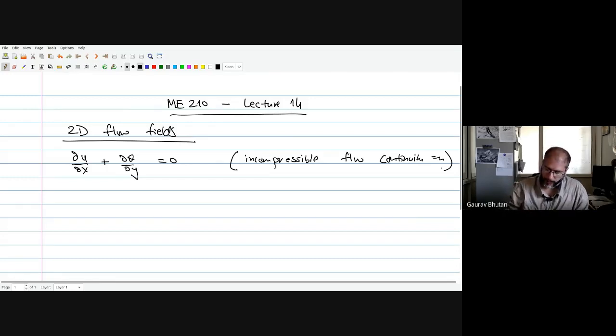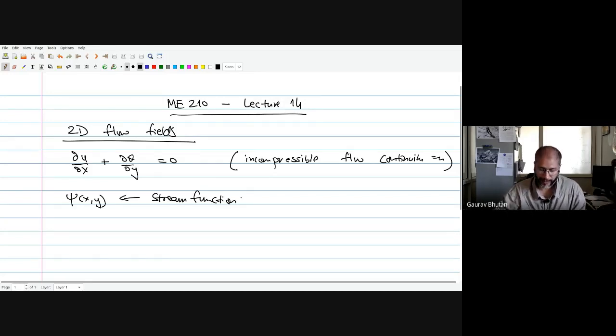Right. So the neat trick that we talked about was that instead of solving for these two unknowns u and v, we can define a scalar field which is called a stream function. Instead of finding two vector components u and v, which are both functions of x and y, we can find instead psi, the stream function, as a function of x and y.